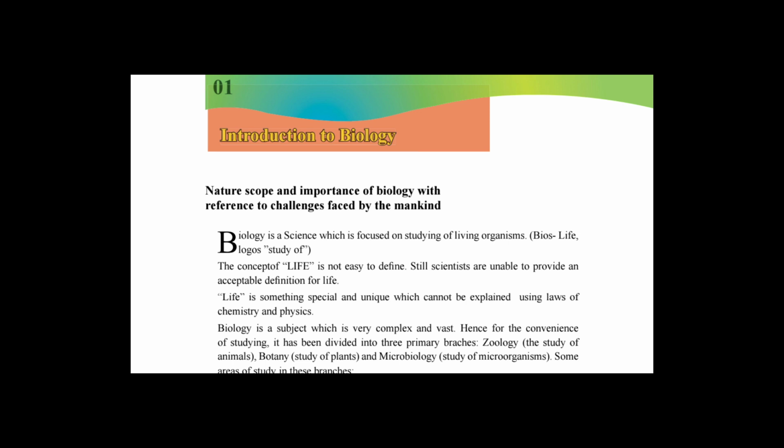So let's revise what we studied. First of all, we saw there are 5 topics under this introduction to biology: introduction, issues, diversity, characteristics, and hierarchy. In the introduction we studied what biology is, how this word came, and the main branches and sub branches.